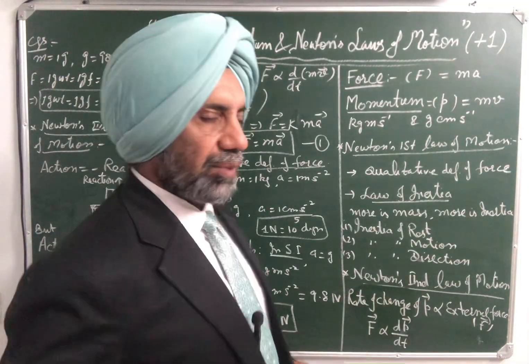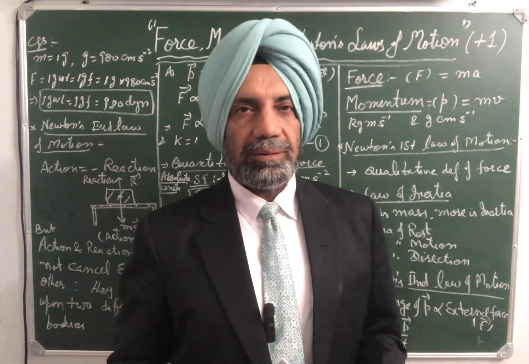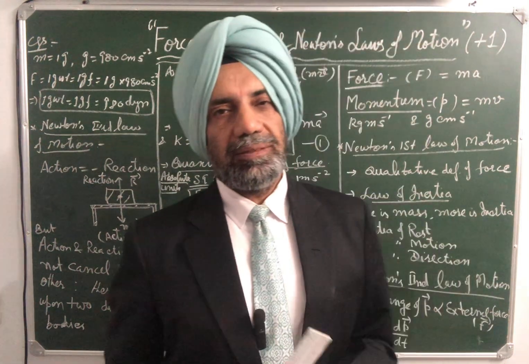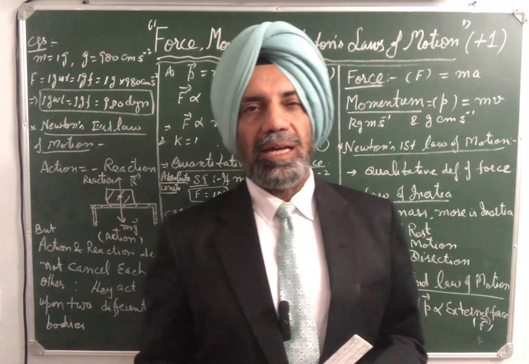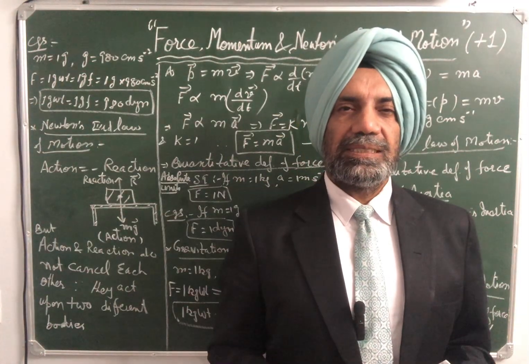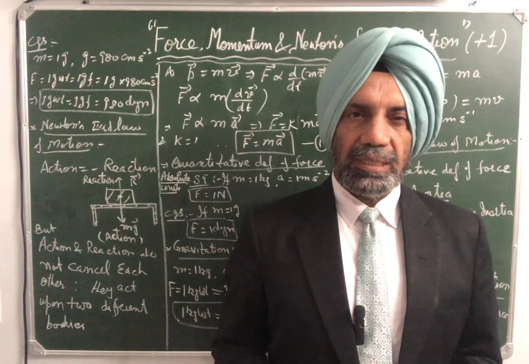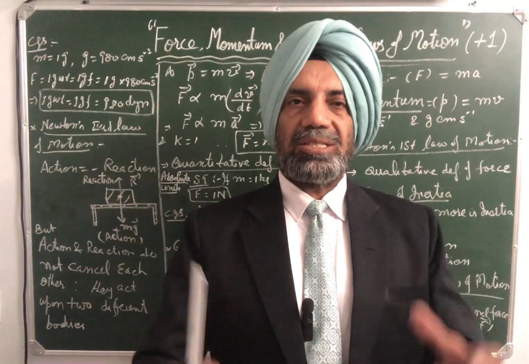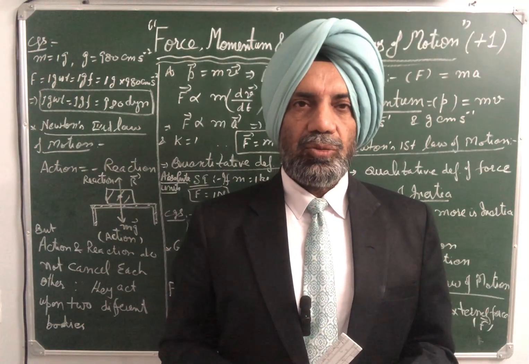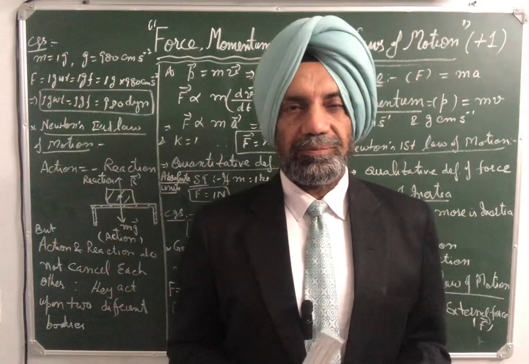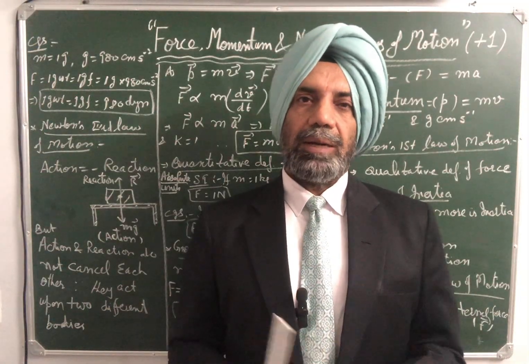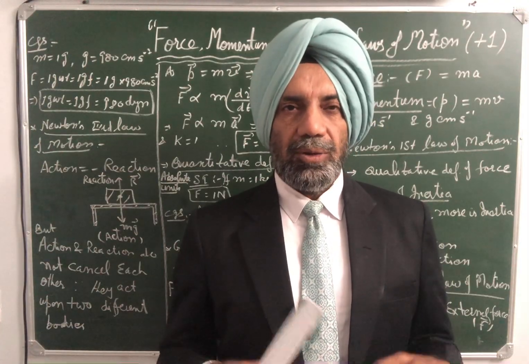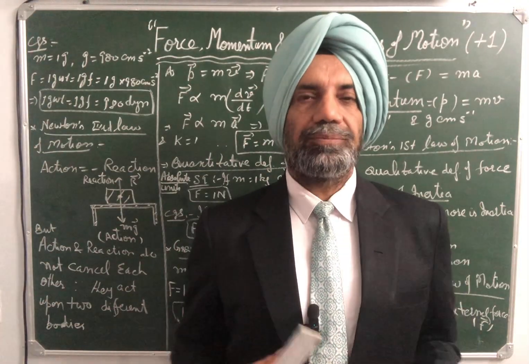Second, inertia of motion. The inability of the body to change its state of uniform motion along a straight line by itself is called inertia of motion. Suppose we are sitting in a moving bus, so we are also moving with the velocity of the bus. But when brakes are applied and the bus suddenly stops, we feel a forward push.